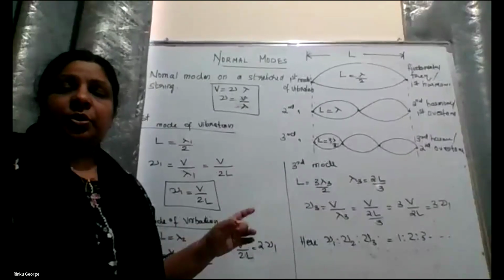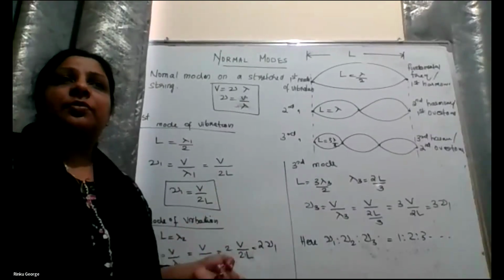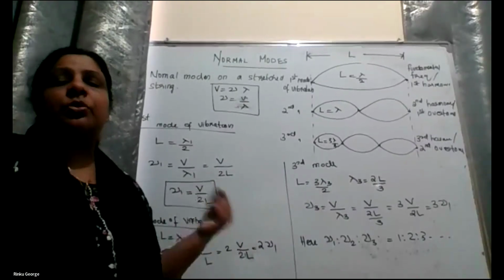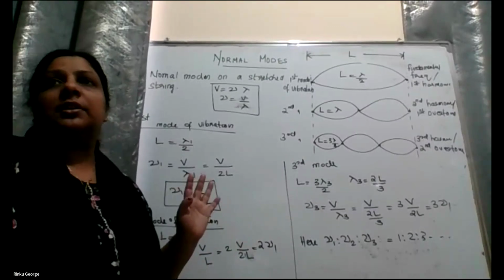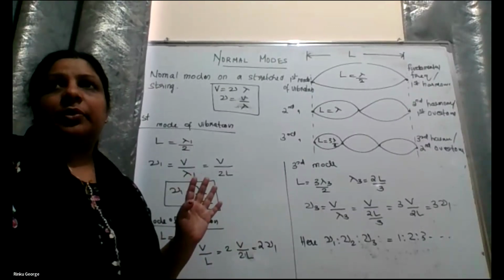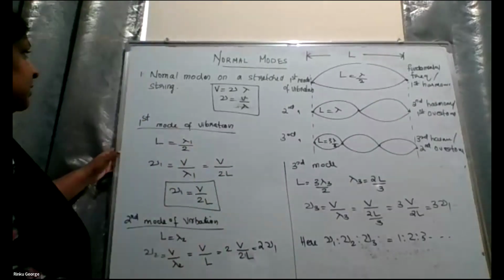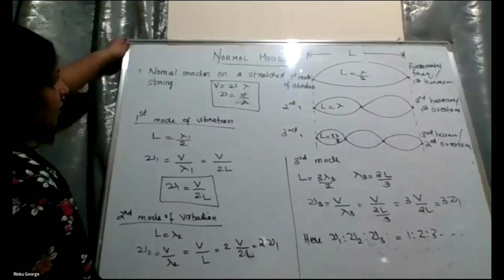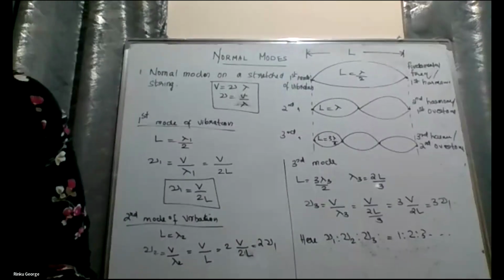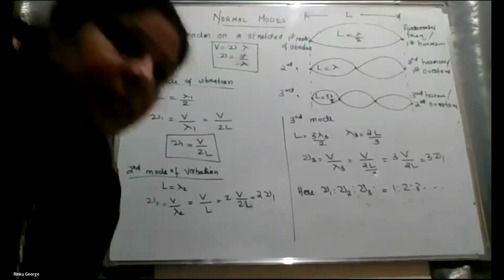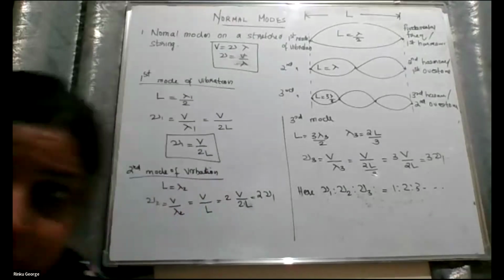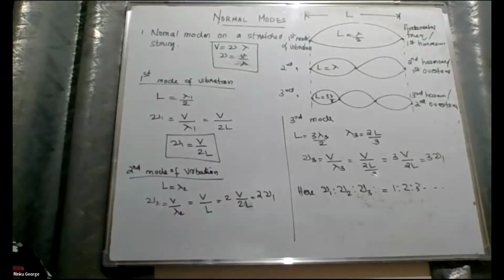After drawing the diagram, find L in terms of lambda and substitute nu is equal to V by lambda. That's it. So take down the first mode, second mode, and third mode of vibration. Complete that. Understood, all of you? Megha, are you there? Yes, ma'am.